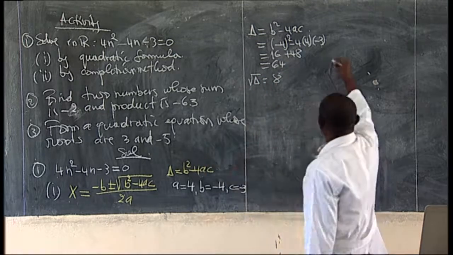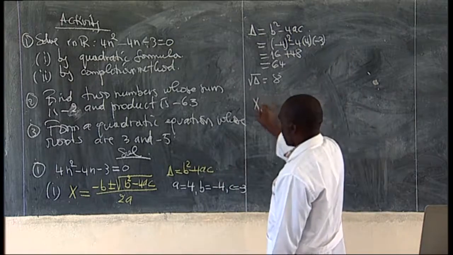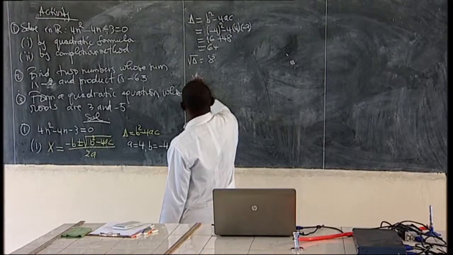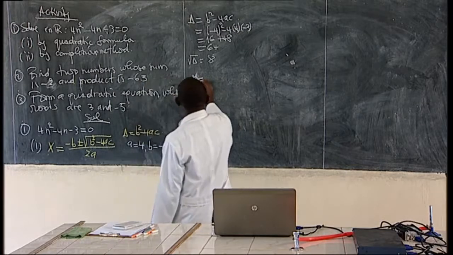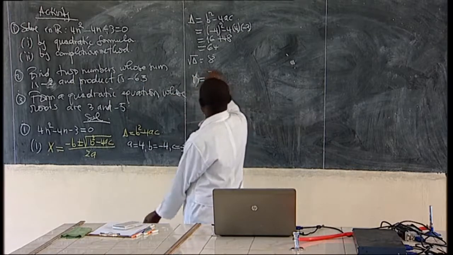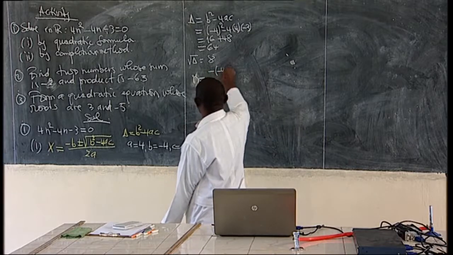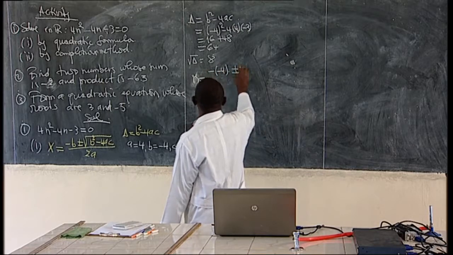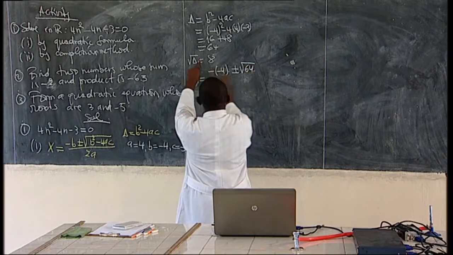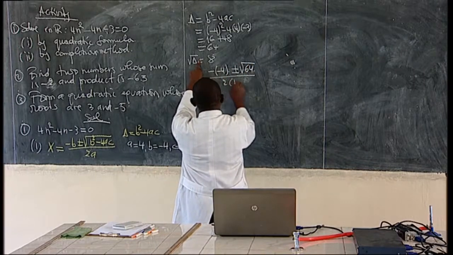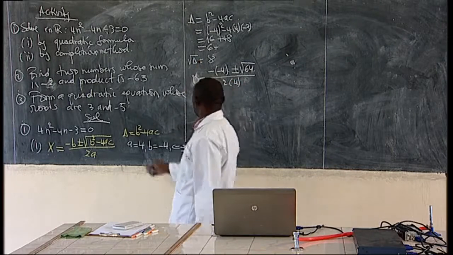Then the value of x, though here the variable is n, so n is equal to minus b, that is minus minus 4, plus or minus the square root of the discriminant, 64, divided by 2 times 4, because a is equal to 4.